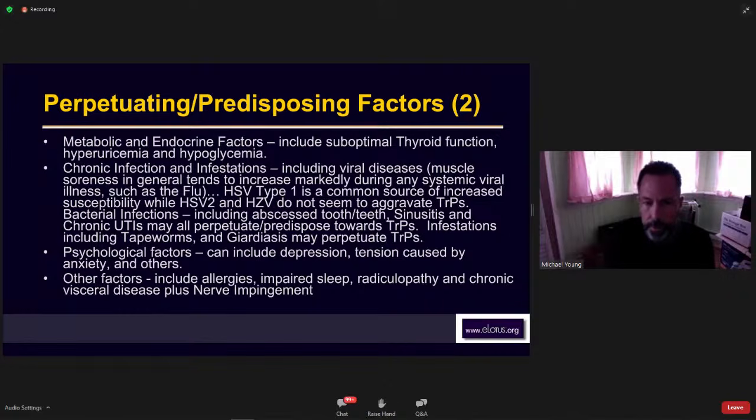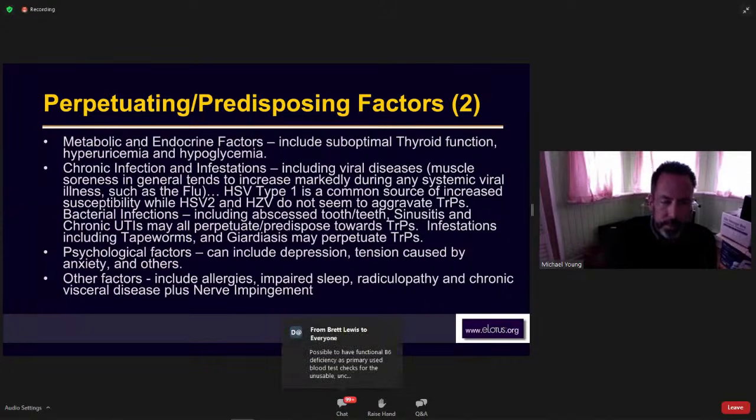And then let's see, herpes simplex virus type 1 is a common source of increased susceptibility. It can aggravate trigger points, especially like levator scap and some of the upper neck ones, which is interesting. Other things can perpetuate them: infestations, tapeworms, giardia.